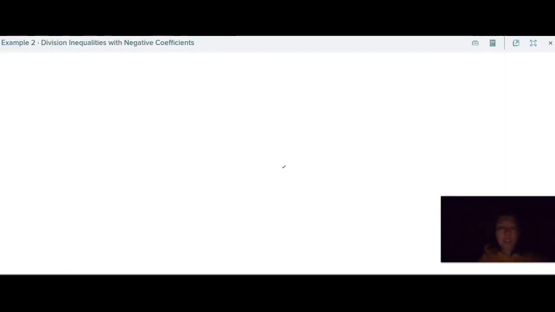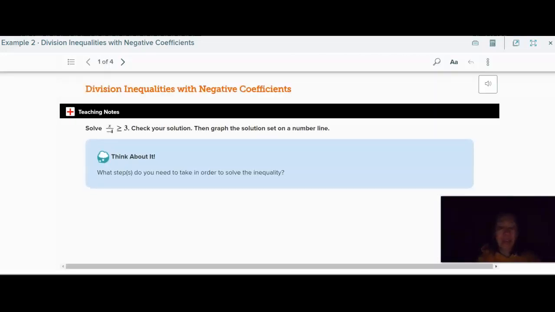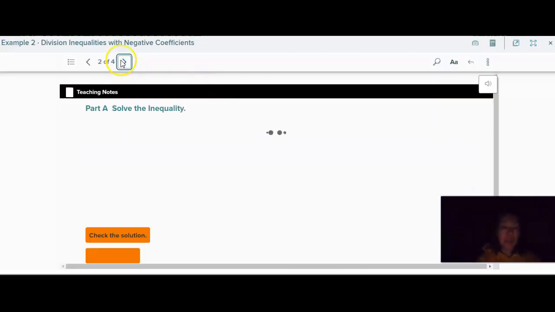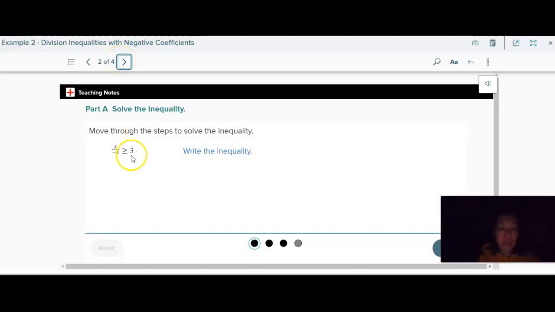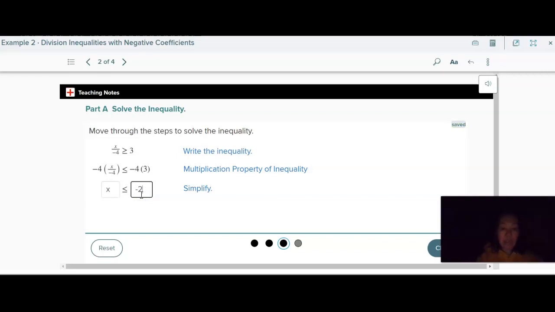That's really the only difference with this section: when we multiply or divide with negatives, we have to flip the symbol because it won't be true otherwise. So here, if we're dividing by negative 4, to solve for x we multiply both sides by negative 4, but we have to flip the symbol now. So x is less than or equal to negative 12 for our final answer.